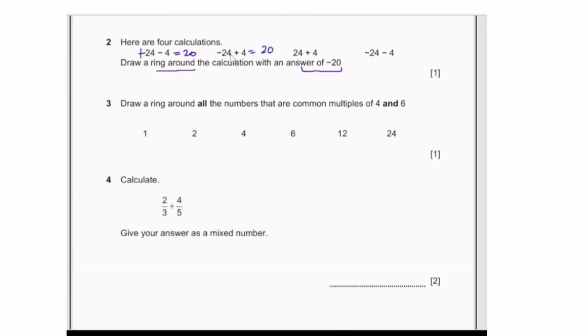But then check which one is greater. 24 is greater and it has a negative sign, so we will put a negative sign here. The other one we have both the same signs, we are going to add, which is 28, and here 24 same sign, again we are going to add, but we will keep the sign.